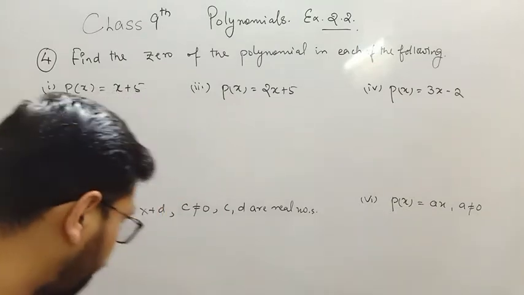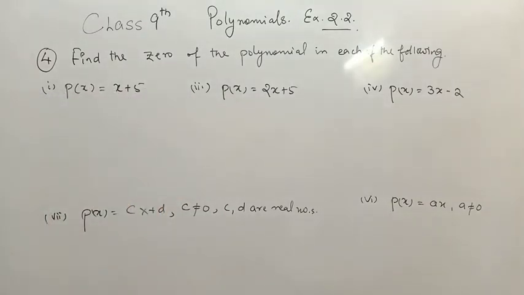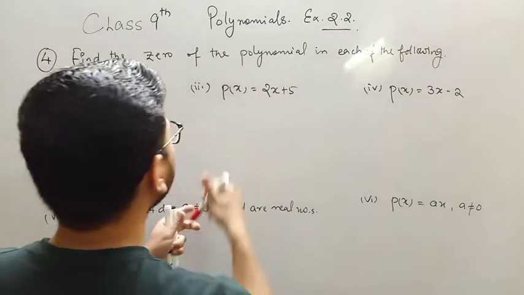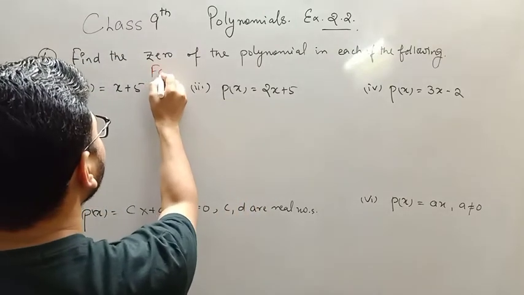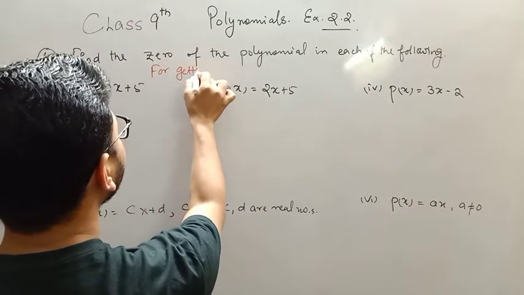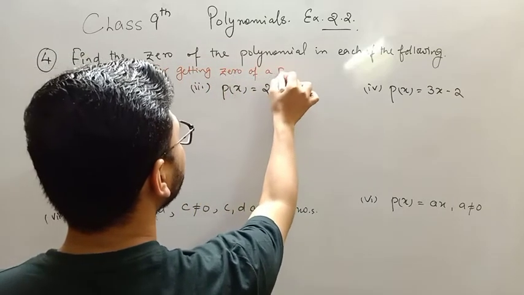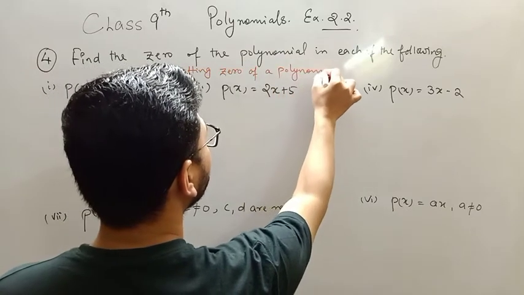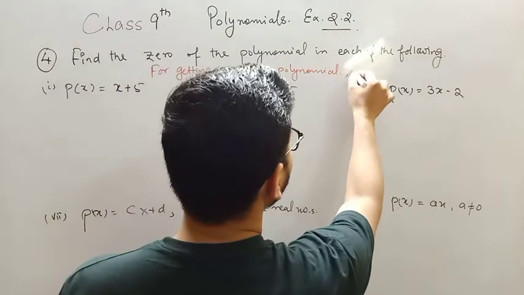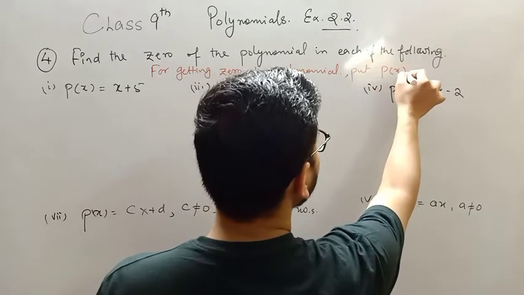I'll give you the basic concept. For getting the zero of a polynomial, put p(x) equals 0.